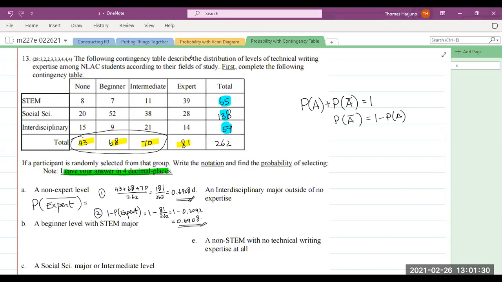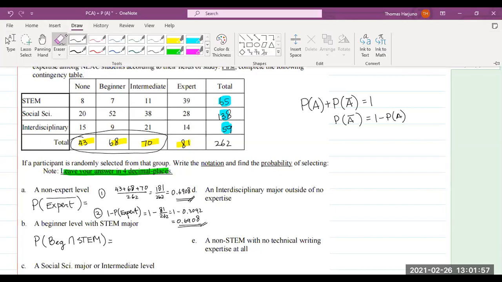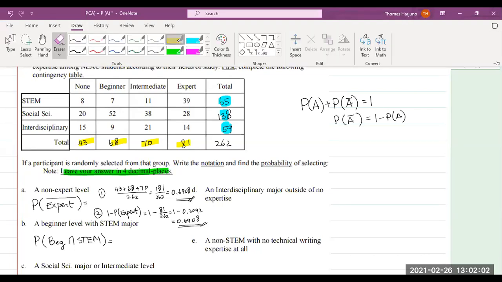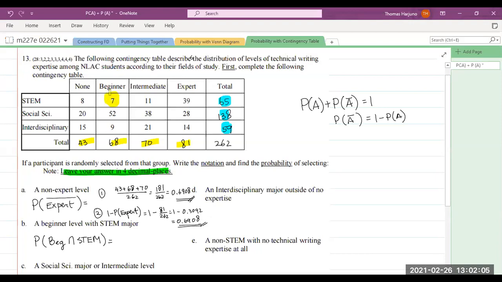Part B, find the probability of selecting a beginner level with STEM major. Beginner level with STEM major. So the one in the beginner level and STEM major will refer to this one, right?